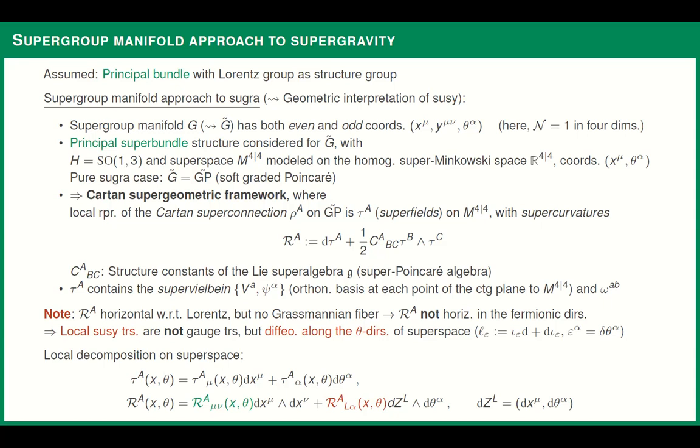But if the curvatures are not horizontal, and this is precisely what happens in supersymmetry, if the supercurvatures are not horizontal along the direction we are considering, the theta direction in this case, with the epsilon parameter, then we have those corrections, and they are written as odd diffeomorphisms.